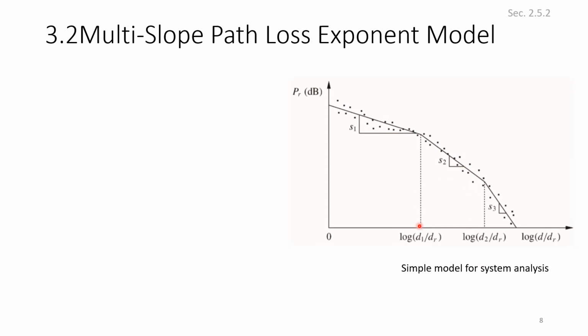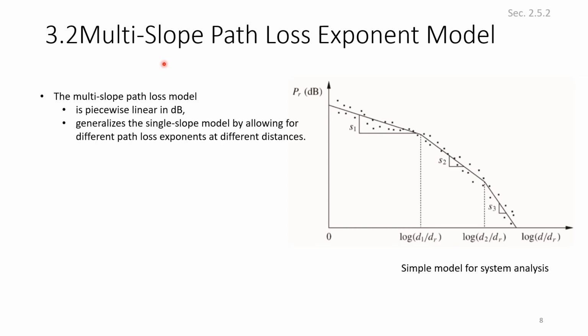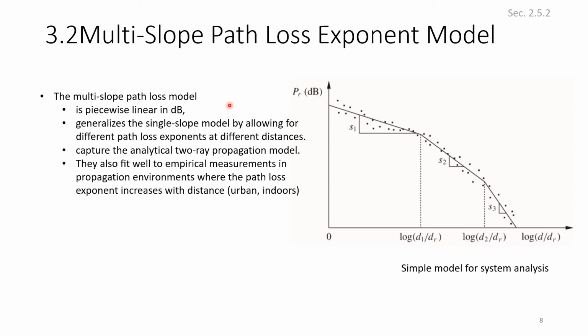The multi-slope path loss model is piecewise linear in dB, and it's a generalized version of the single slope model, because if you take it as one segment, it becomes a single slope, and it captures the analytical two-ray propagation model. So the single slope will not fit with the two-ray model. This allows us to capture the two-ray model here, and they also fit well to the empirical measurements.